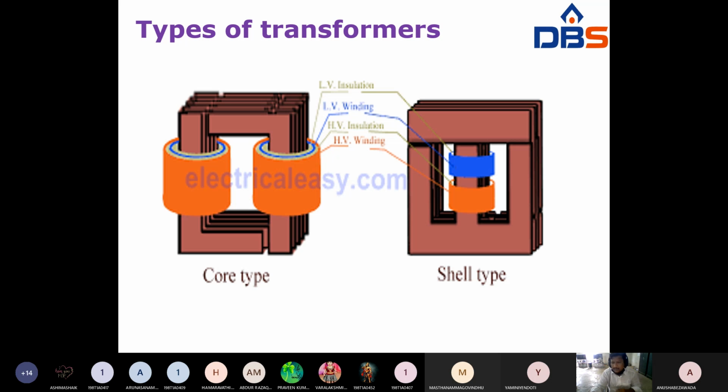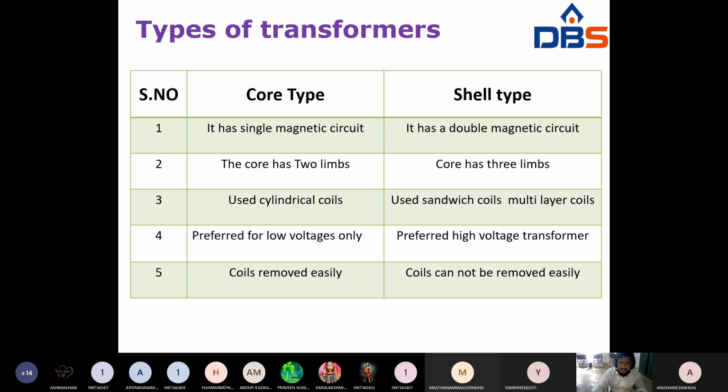That is the major problem. Elimination of limbs is very easy for maintenance in core type transformer. Elimination of limbs is very complex in shell type transformers. So very important, for 2 marks and 5 marks also.